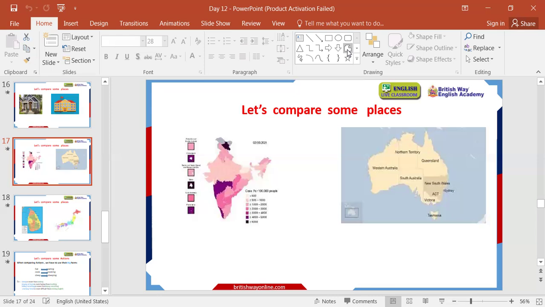Indian cities are more crowded than Australian. Indian foods are spicier than Australian food.